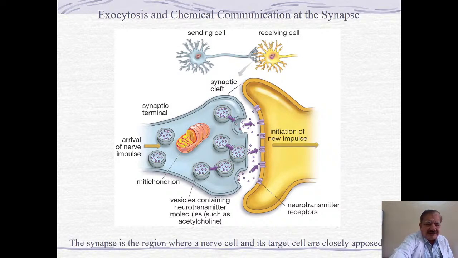Here are the acetylcholine receptors. Initiation of the new impulse happens as acetylcholine goes inside the cell. That is the neuromuscular junction, how the impulse travels from nerve to cell.